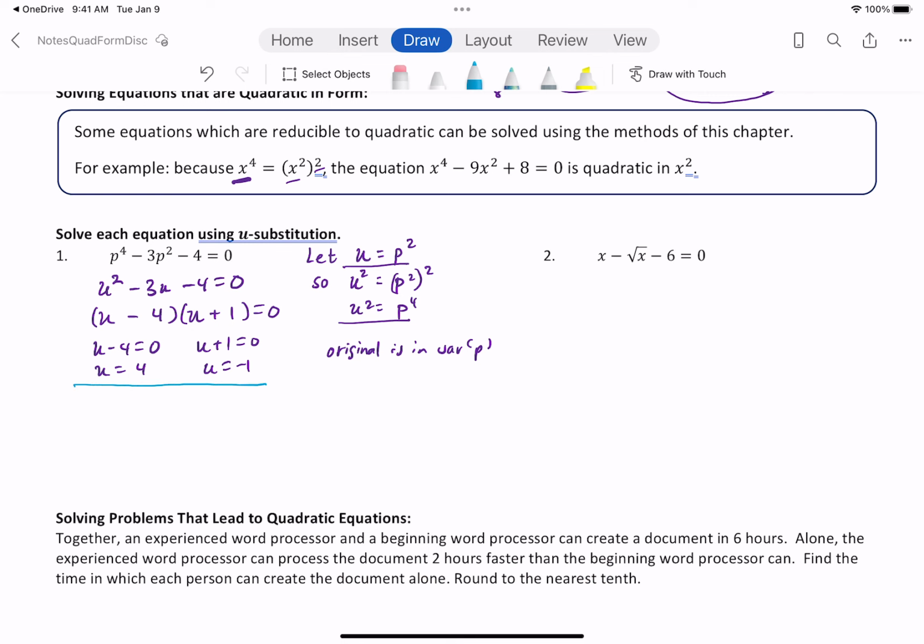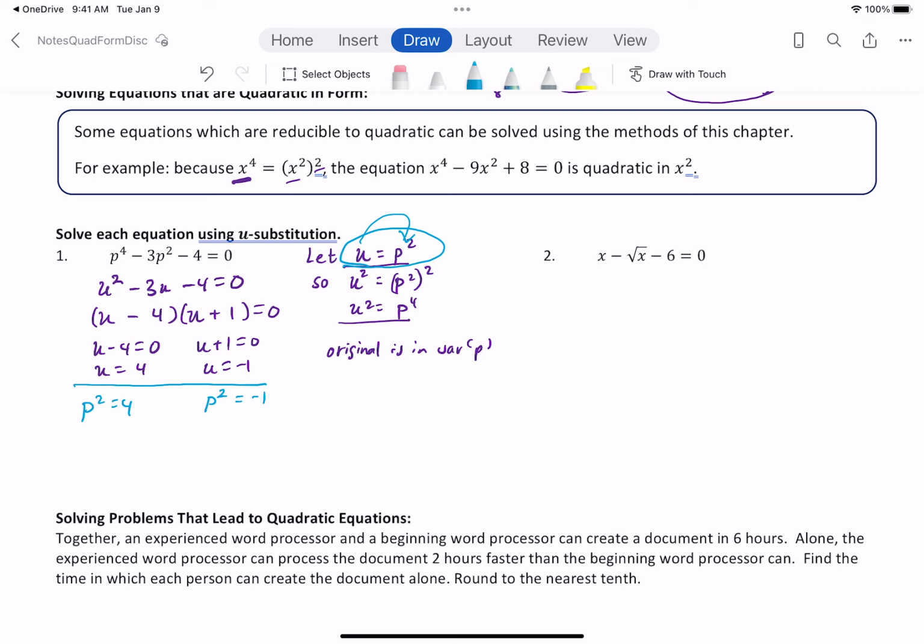If you go back to our key, it says U equals P squared. So where this says U equals 4, I'm going to say P squared equals 4 because that's what U is equal to. Same for this one, where there's a U, I'm going to say P squared equals negative 1.